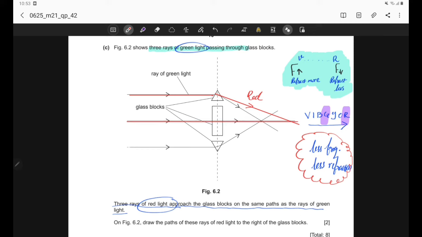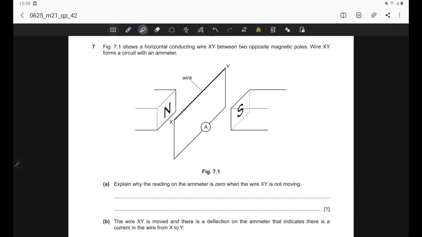Again, the last ray, when it reaches the prism, it will refract, but the amount of refraction will again be less than the green light, as we can see. So these are the paths of red light. Question 7. Figure 7.1 shows a horizontal conducting wire XY.